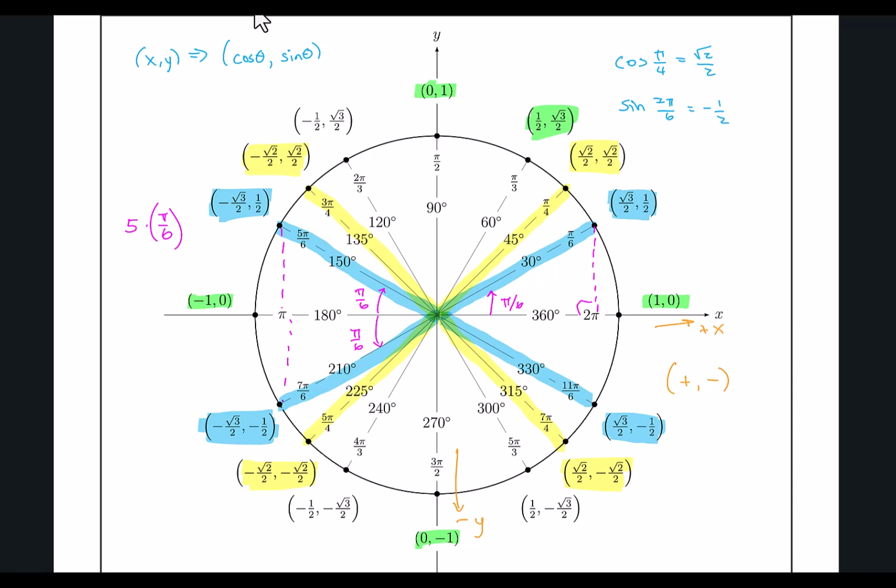If I travel to points in quadrant 3, well, this would be the negative x direction, and in quadrant 3 I would also be going to negative y. So notice all of these coordinate pairs are negative, negative. And then in quadrant 2, all the coordinates are negative and positive, and then quadrant 1 are positive and positive.